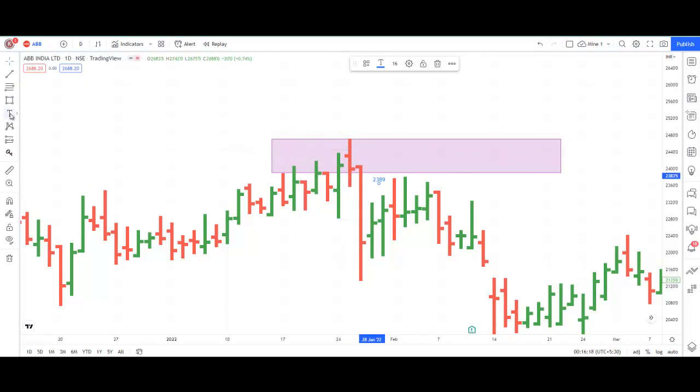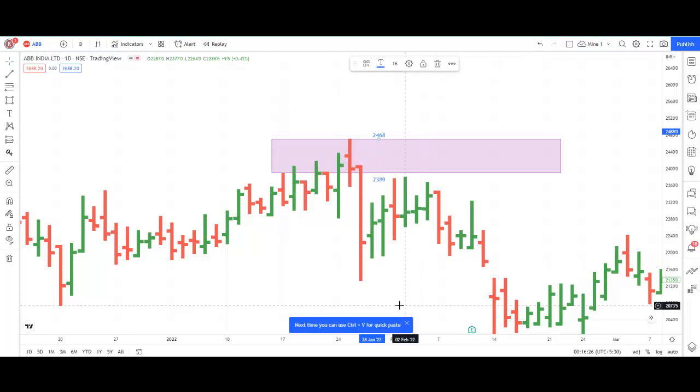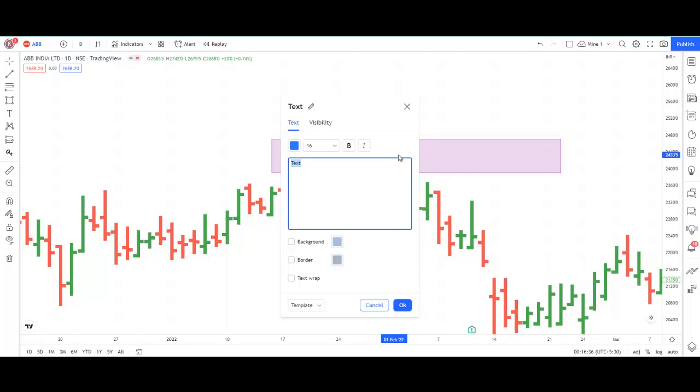So I will mark that as well. So the price was rejected in this zone. So we will mark it as our price rejection zone.